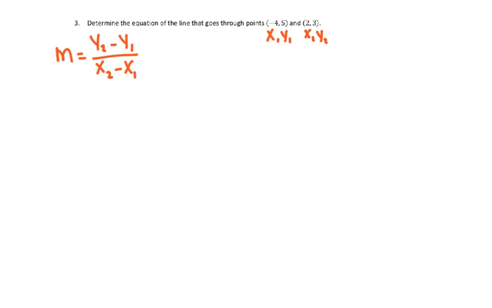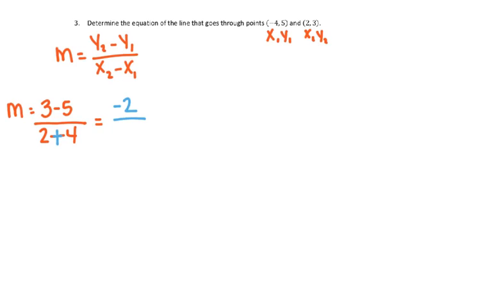Okay, following my equation, I have m equals 3 minus 5 over, sorry, I'm getting distracted, over 2, my x2 value, minus negative 4. Okay, so 3 minus 5 is negative 2, so I've got negative 2 on the top of my slope fraction.